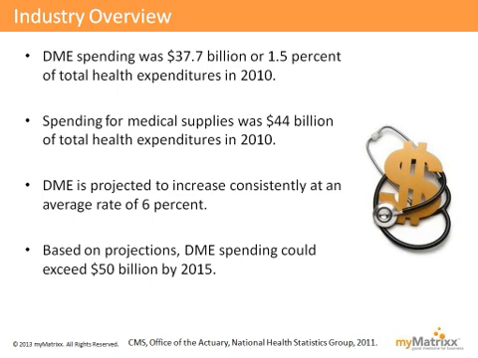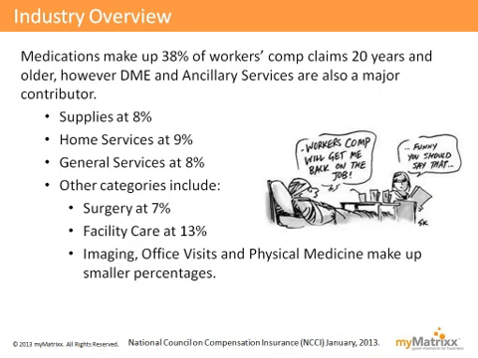Spending for medical supplies was over $44 billion in 2010. DME is projected to increase consistently at an average rate of 6%. Based on these projections, DME spending could exceed $50 billion by 2015. And again, this is in overall health care, and we will move more into workers' comp going forward and how that impacts us on our side.